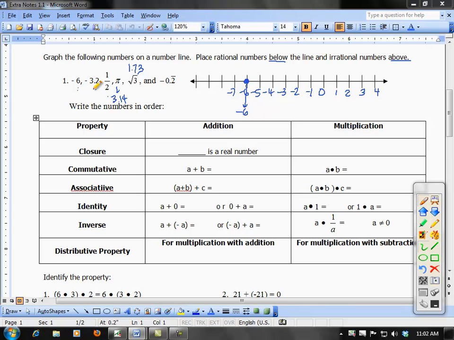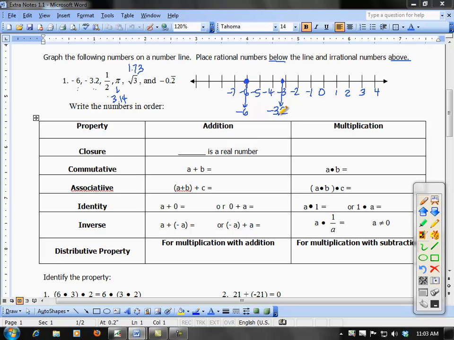Well, here's negative 3, and I need to go farther back, 0.2. So negative 3.2 is like here. This is also rational because if I wanted, I could write this as a fraction. Okay, negative 32 over 10 would be the same thing, or in reduced form.